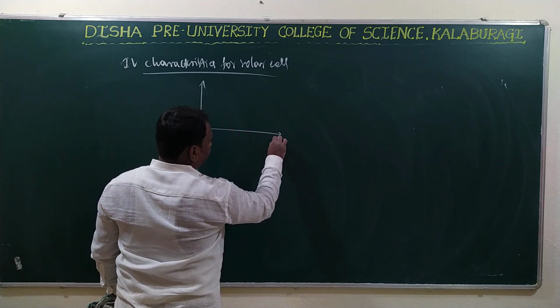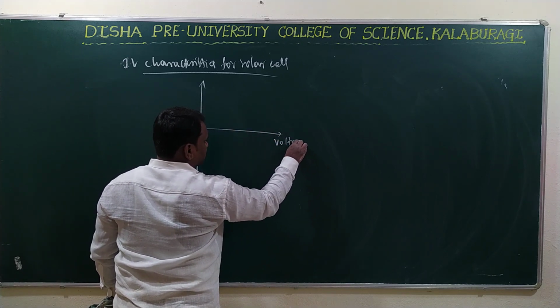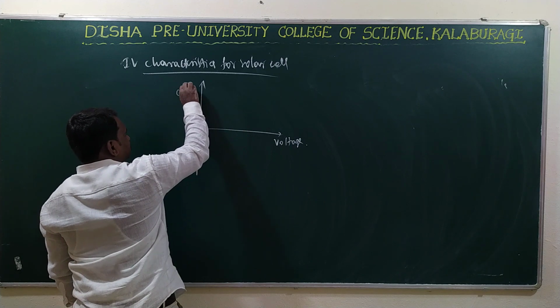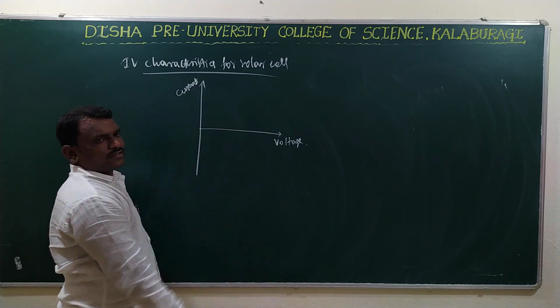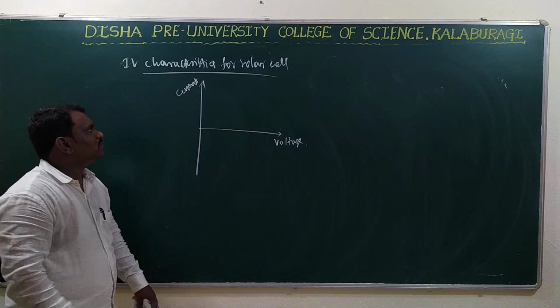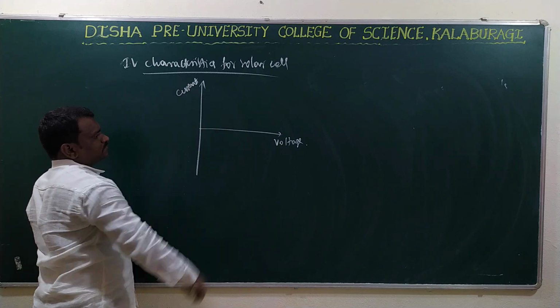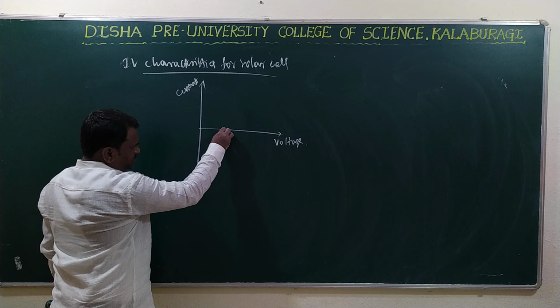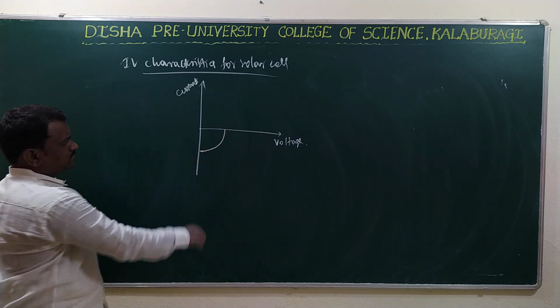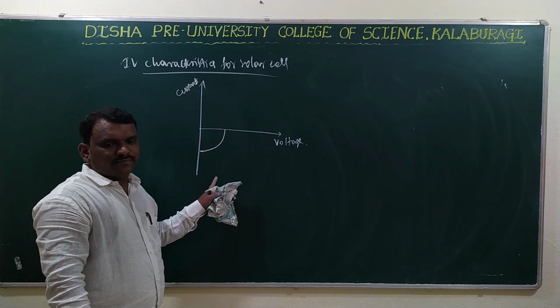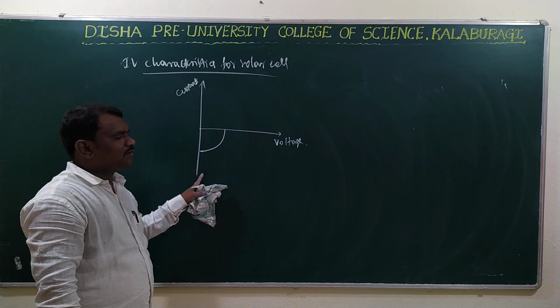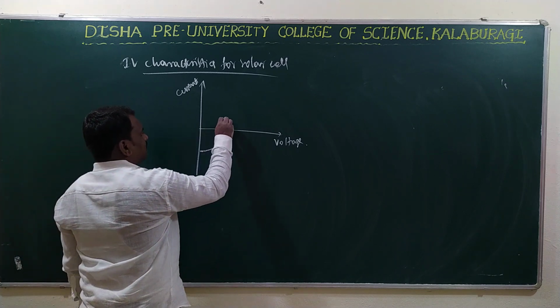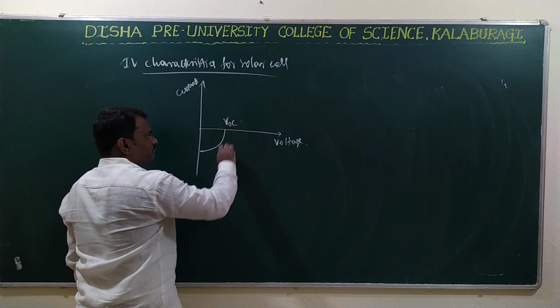The current and voltage graph gives the diagram like this. This is the graph, representing the voltage-current graph of a solar cell.